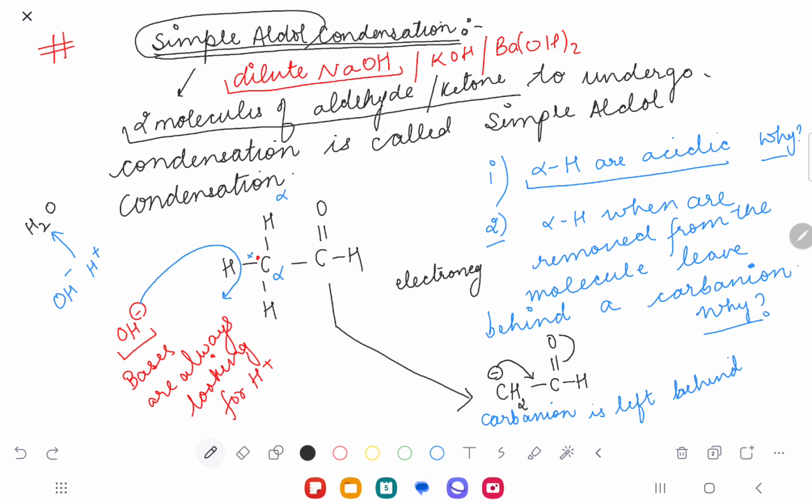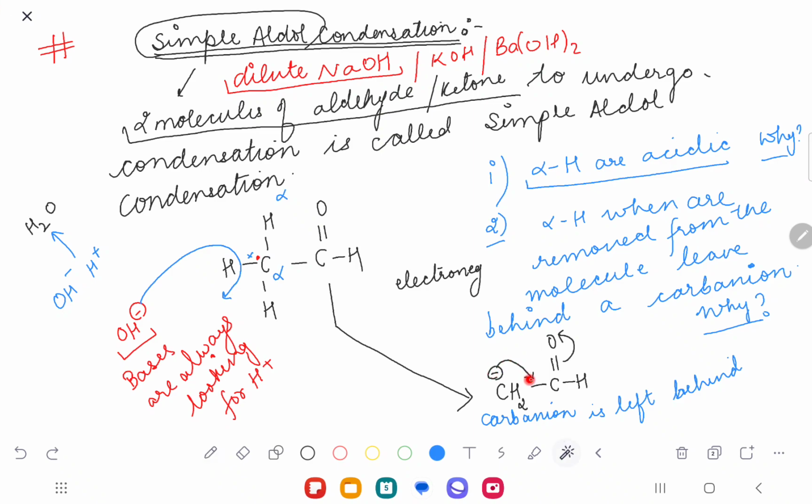Resonance occurs in a conjugated structure: negative goes towards this carbon, because of the lone pair, single bond, double bond pattern. This is a conjugated structure: double, single, lone pair.